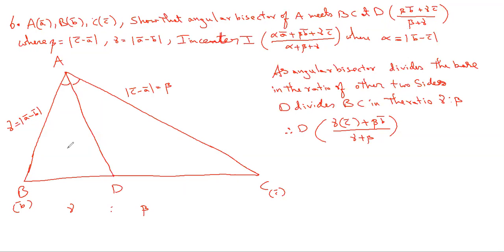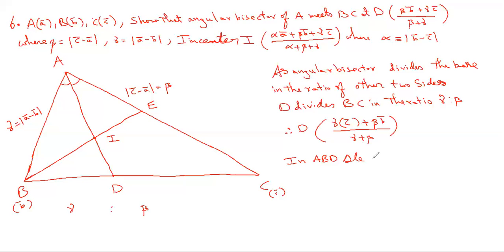Next, the incenter. The incenter is the point of intersection of the internal angular bisectors. So if you take this internal angular bisector, let us call this E, and this is I. Consider triangle ABD. In triangle ABD, the internal angular bisector divides the base, AD is the base.